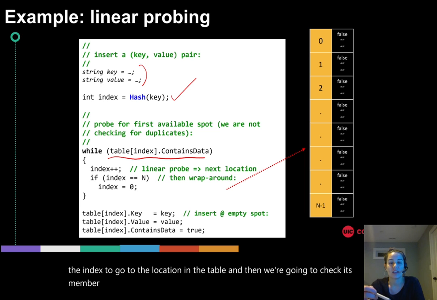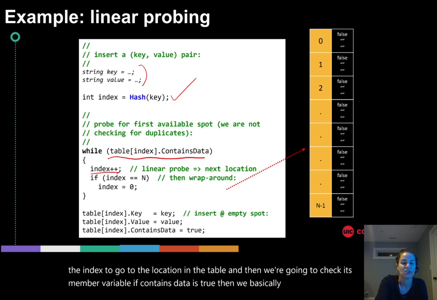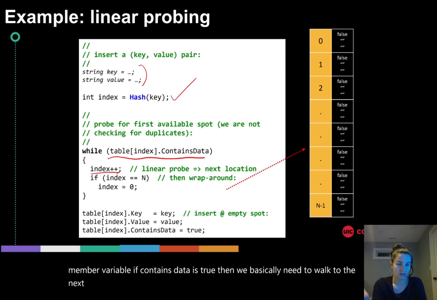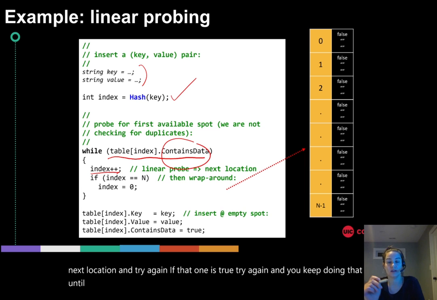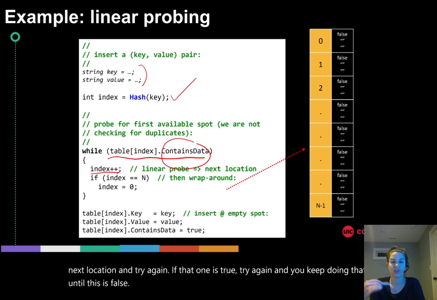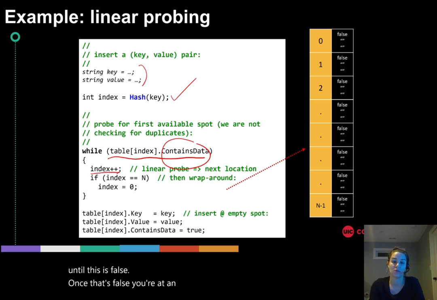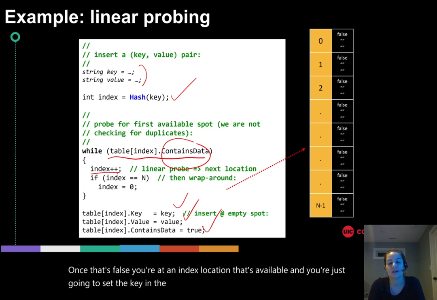If contains data is true, then we need to walk to the next location and try again. If that one is true, try again, and you keep doing that until this is false. Once that's false, you're at an index location that's available, and you just set the key and the value, and also update the contains data member variable.